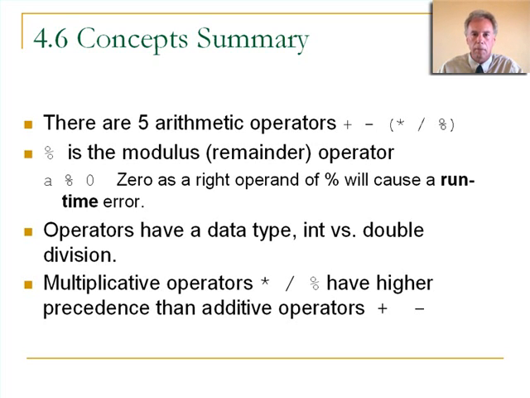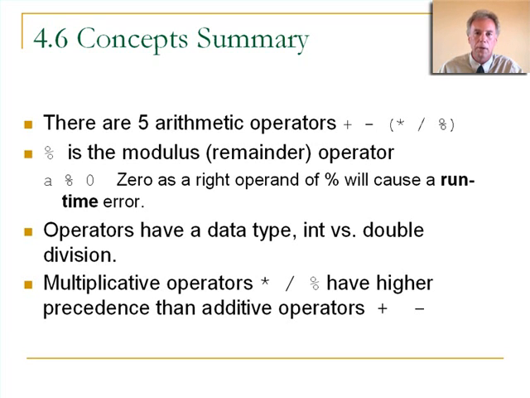Operators have a data type based on the operands that are being used. So we looked at the condition of an integer division versus a double division. In int division, we have only whole numbers as the result. So an int divided by an int is an int. And the example we looked at, 10 divided by 4 is 2.